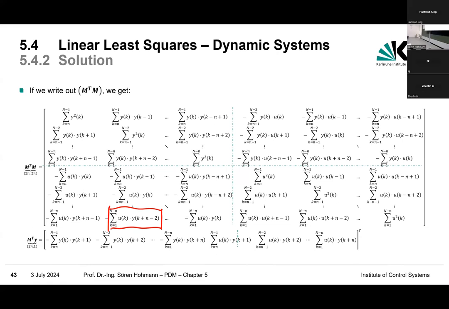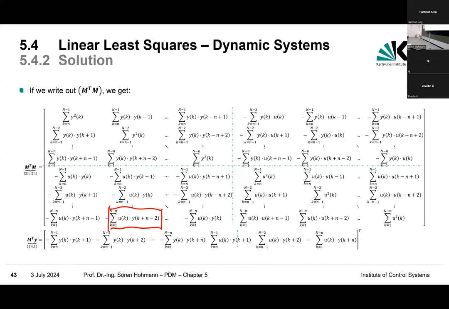Correlation. Exactly. It's cross correlation. So what is calculated here is the cross correlation between u and y, but not between u and y, but between u and y shifted by n-2.